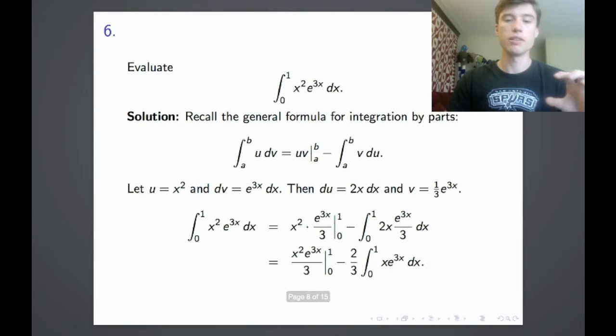We can pull out the 2/3 of this integral, but we're still left with an integral of a polynomial function times an exponential function. We are integrating from 0 to 1 x e to the 3x dx. We will have to perform integration by parts a second time to solve this second integral.